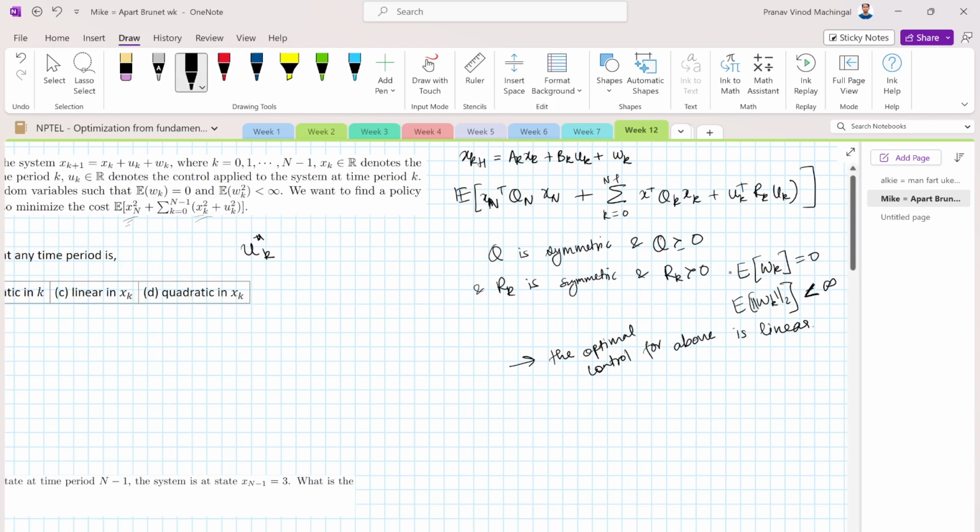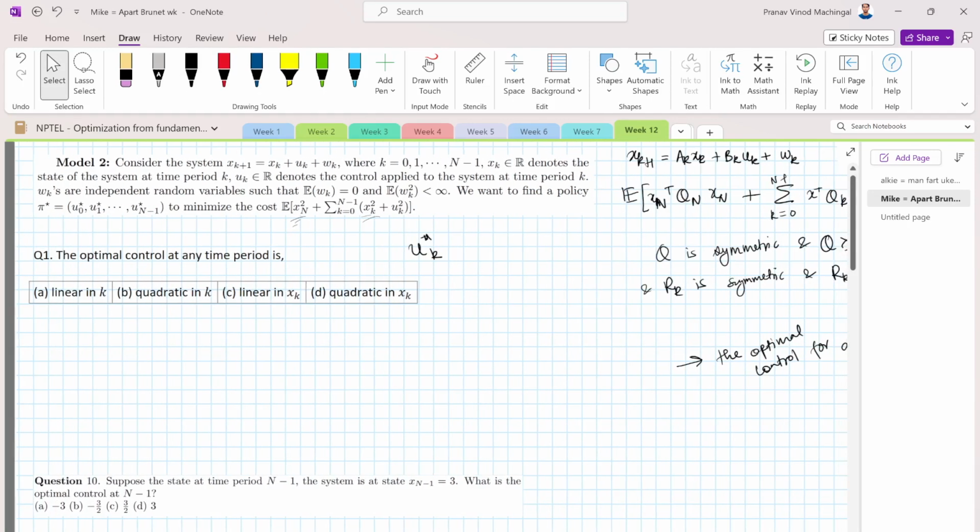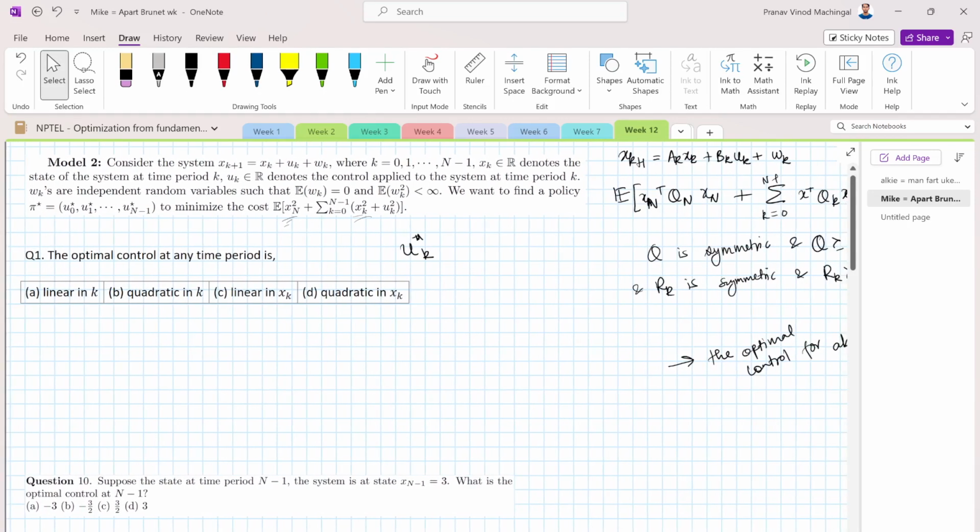And these two conditions are also given. So as was proven in the lecture, the optimal control for this is linear. You can say it is linear in xk.